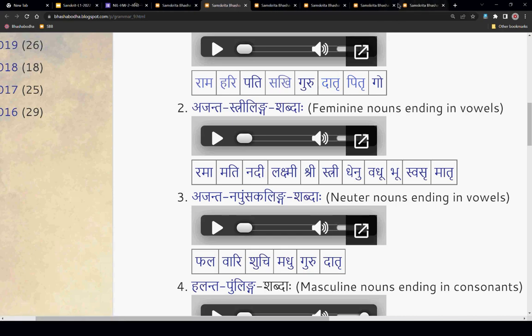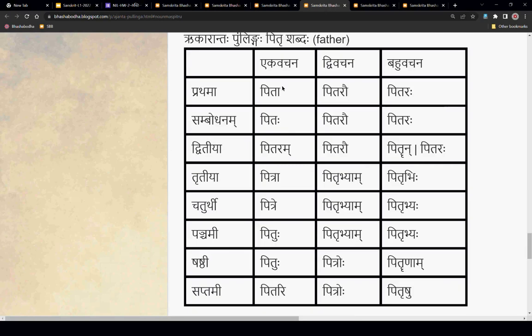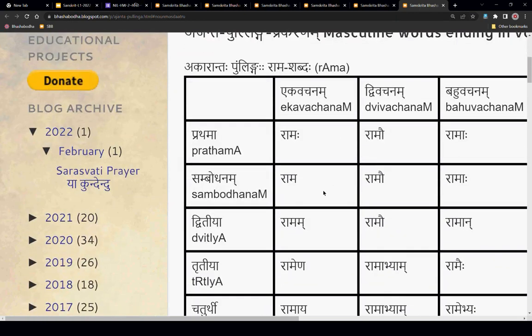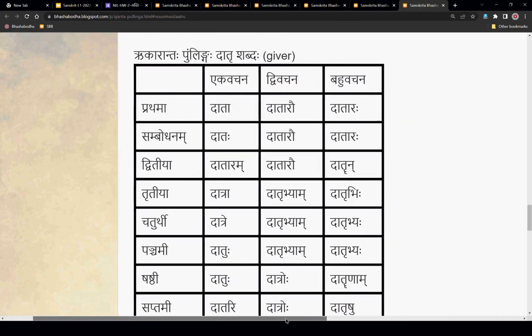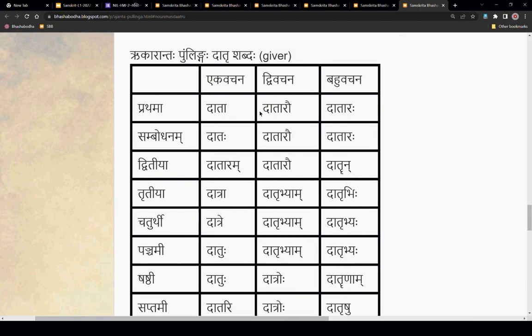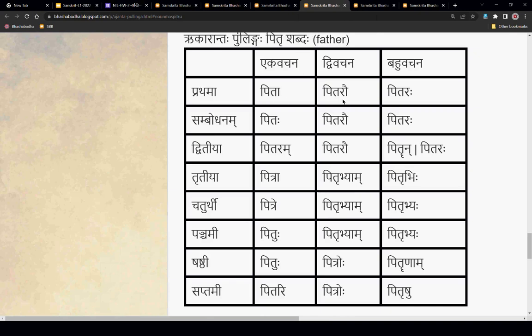If you look at Pita, Pitarau, Pitaraha, and at Data, Datarau, Dataraha, there is a difference.